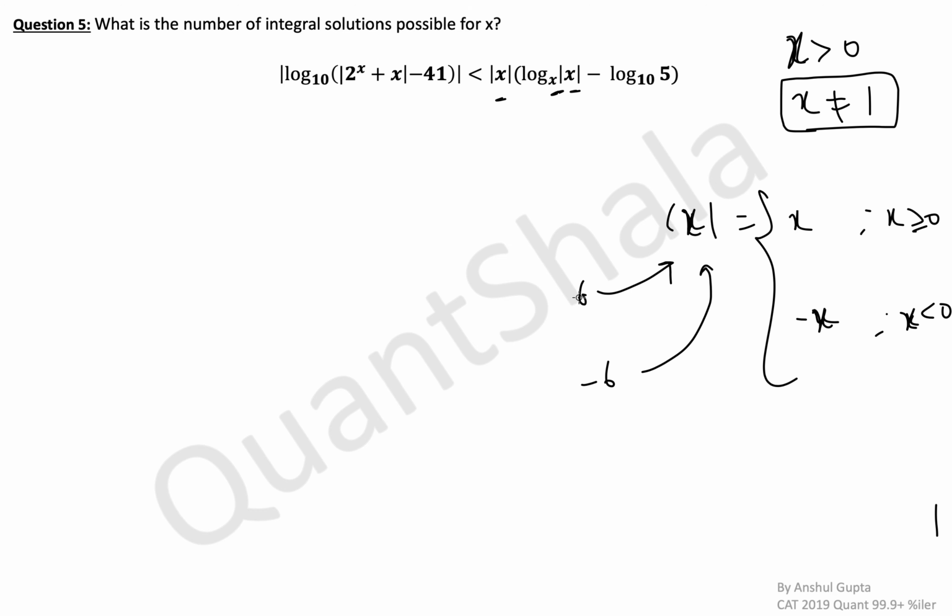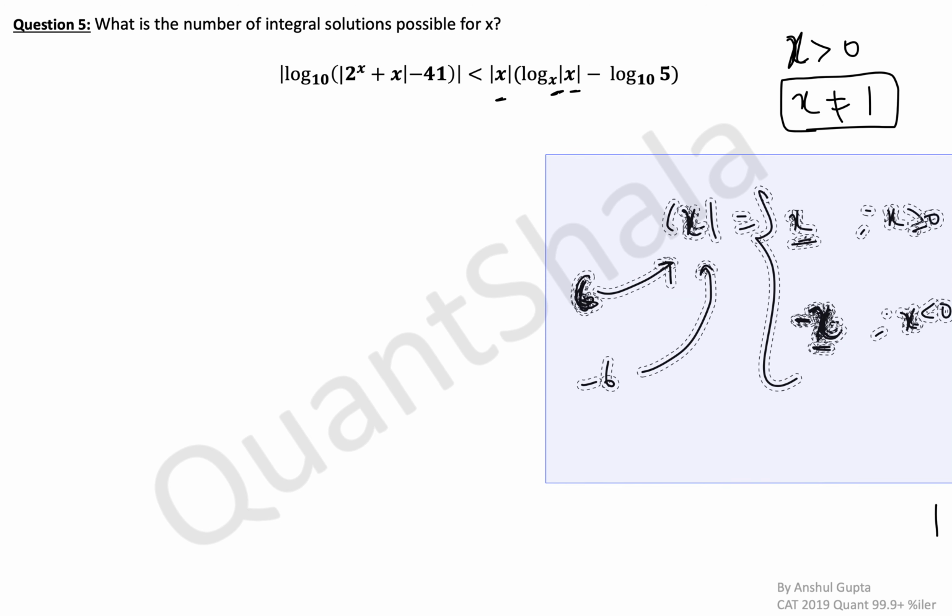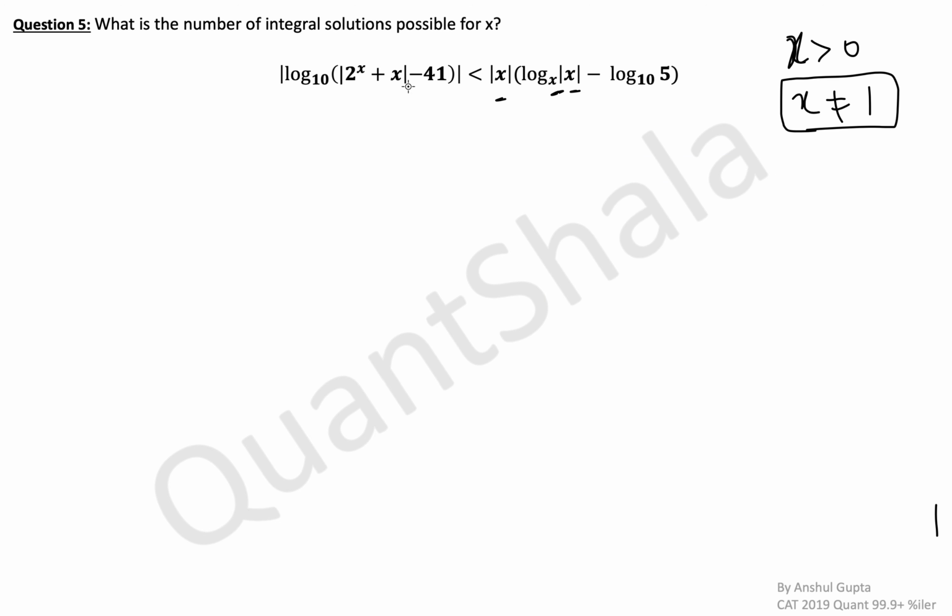Why is it working? If the number is already positive, then it's just giving you the number back. If it is negative, it will make the number negative one more time and give it back to you, which means minus 6 will become minus of minus 6, and finally you will get plus 6. Okay, so this is the definition of mod. So all of these mod x become x.